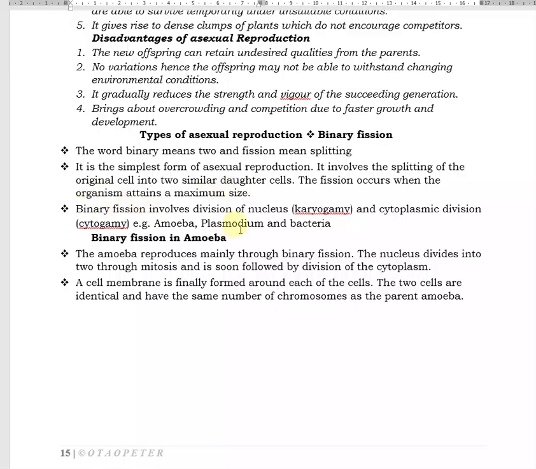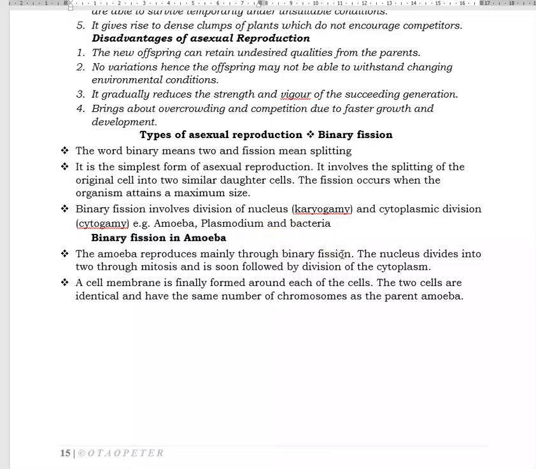Binary fission involves division of the nucleus, that is karyokinesis, and cytoplasmic division, that is cytokinesis, for example amoeba, plasmodium and bacteria. So that's where we find binary fission: in amoeba, plasmodium and bacteria. Let's look at binary fission in amoeba. The amoeba reproduces mainly through binary fission. So this is the only way amoeba can reproduce.